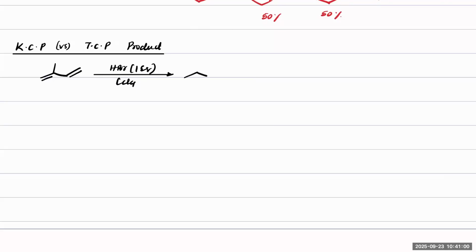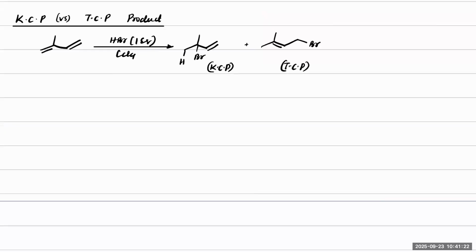Then there are two products I can get: one H getting added here, Br getting added here with a double bond remaining here, or I can also get the double bond here and Br getting added here. This one is called KCP, this one is called TCP: kinetically controlled product and thermodynamically controlled product.